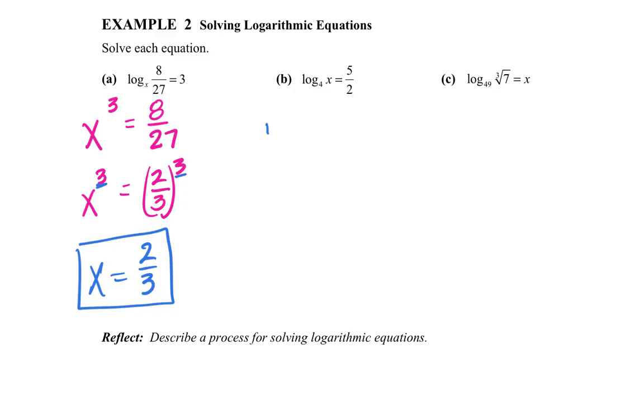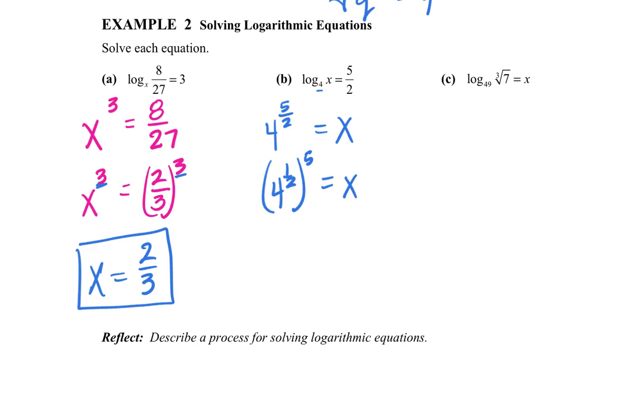B, we've got 4 to the 5/2. So 4 to the 5/2 equals x. So exactly what does that mean? Well, I know that the square root of something, we'll just say q, is equal to q to the 1/2. So what I'm going to do is turn this 4 to the 1/2, but I'm going to raise that to the 5th power.